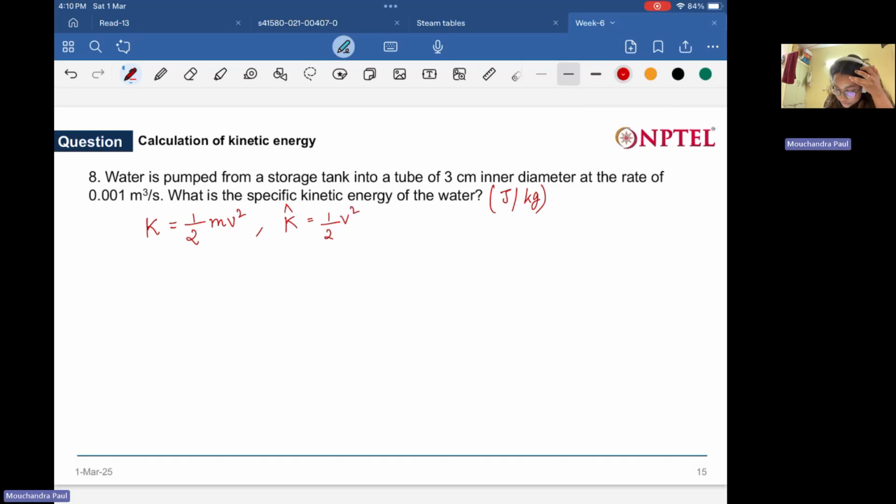We are not directly given velocity, but we are given the volumetric flow rate and the inner diameter, so we can use these two quantities to determine the velocity V. The inner diameter is 3 centimeter, so the radius is 1.5 centimeter.